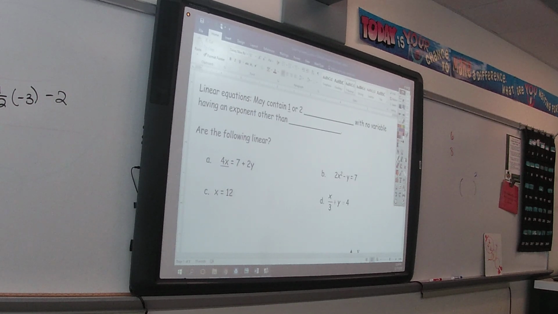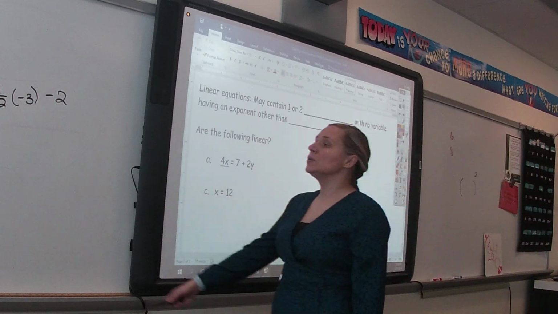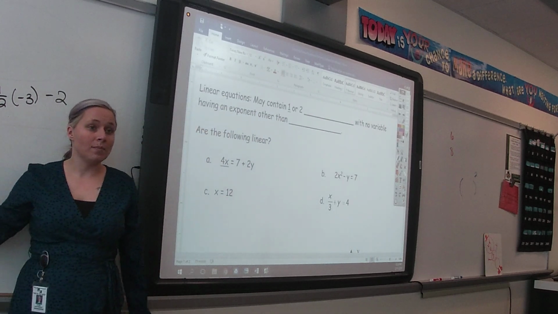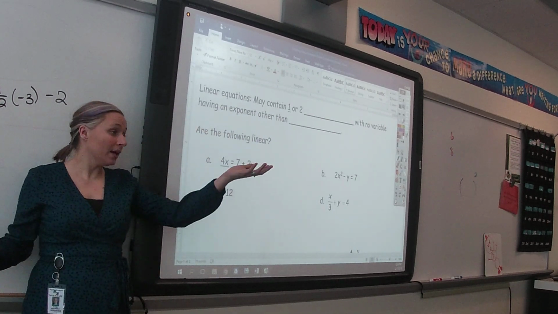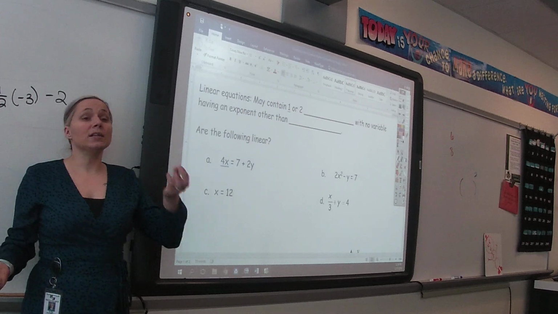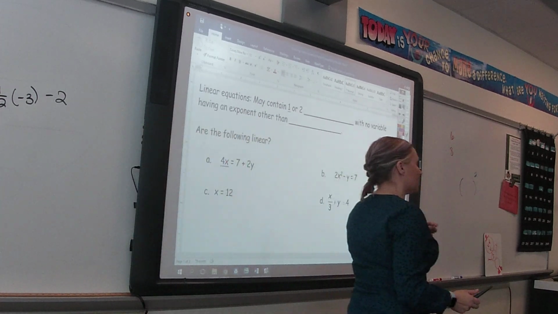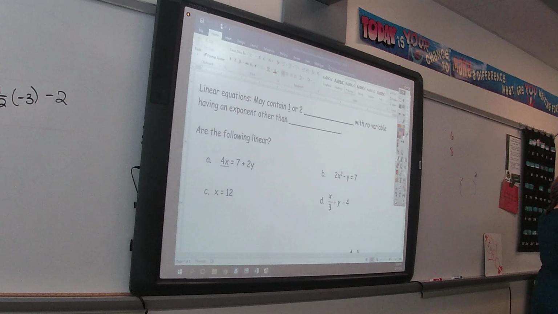And the idea behind it is, we said yesterday when we made that table and we plugged in input values, how many different values of x could we pick? An infinite, right? Just like with graphing inequalities on the number line, when we had an infinite amount of answers, we said, I can't write those all down, so let's give a graph to show what all of those look like.